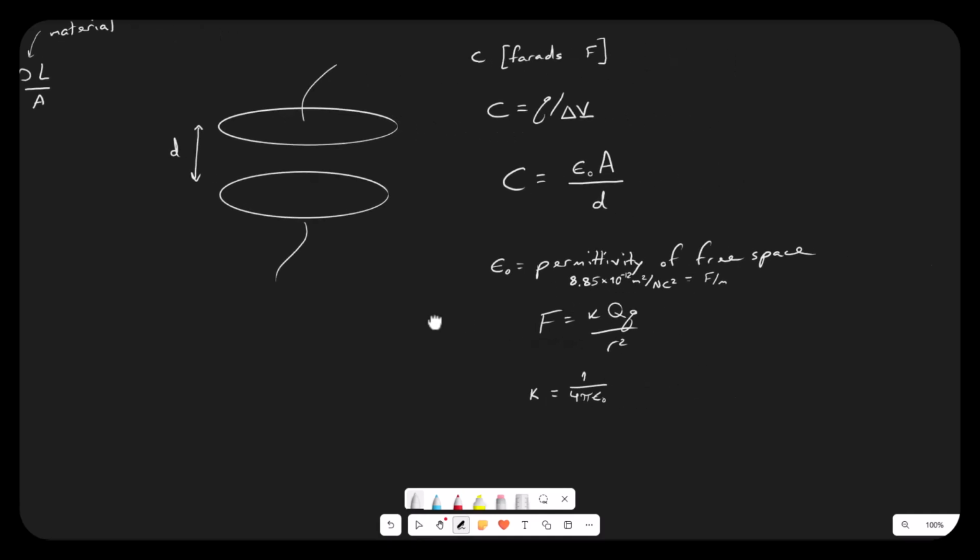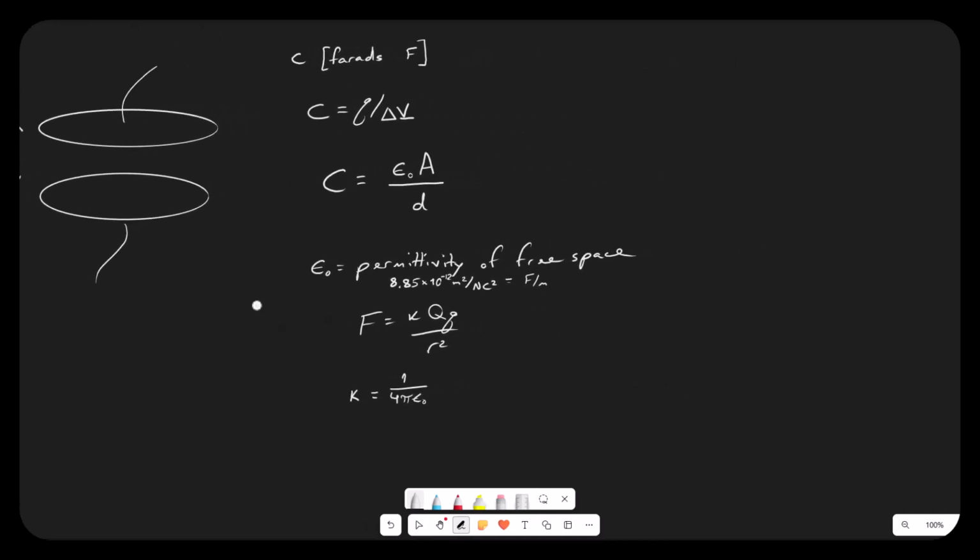What if we don't want to keep empty space between these? Can we do better? If we've got our plates like this and we want to put something between them, we could have a plate and a plate, and we can put something between these.